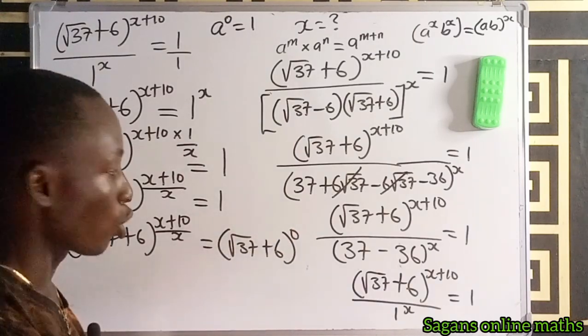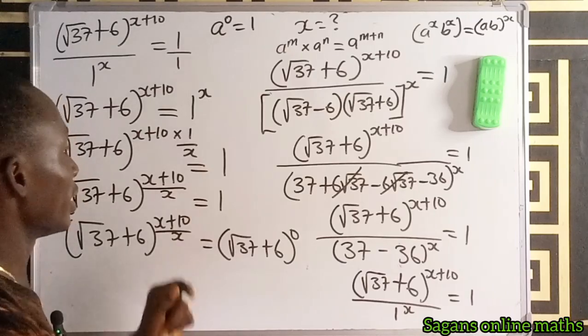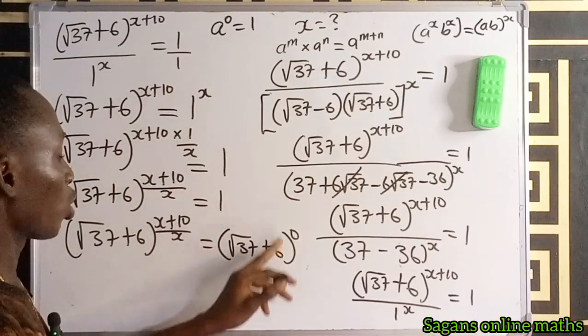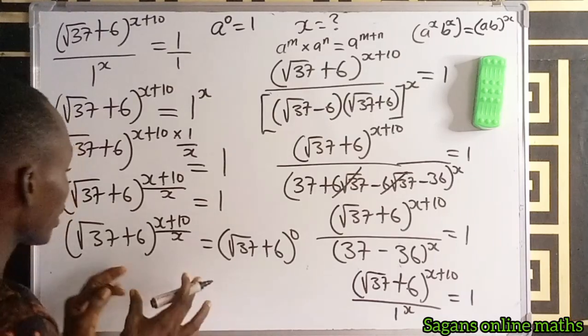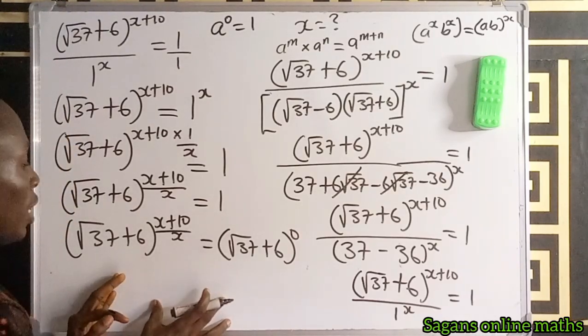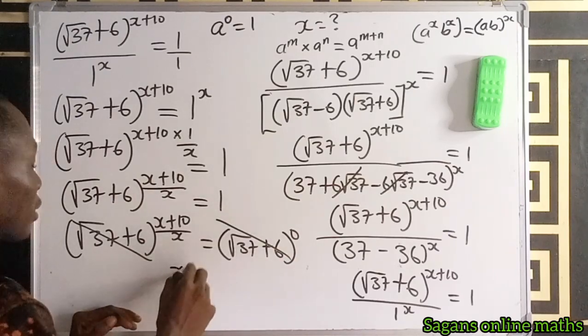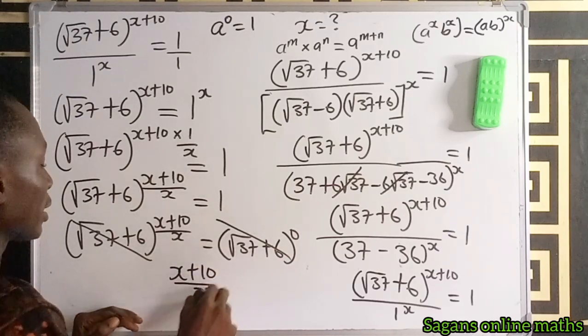We are not wrong, because by one of the properties of indices, anything raised to the power of 0 is 1. Observe carefully, the bases are the same. If the bases are the same, we can ignore them and work with the powers. So (x+10)/x is equals to what?